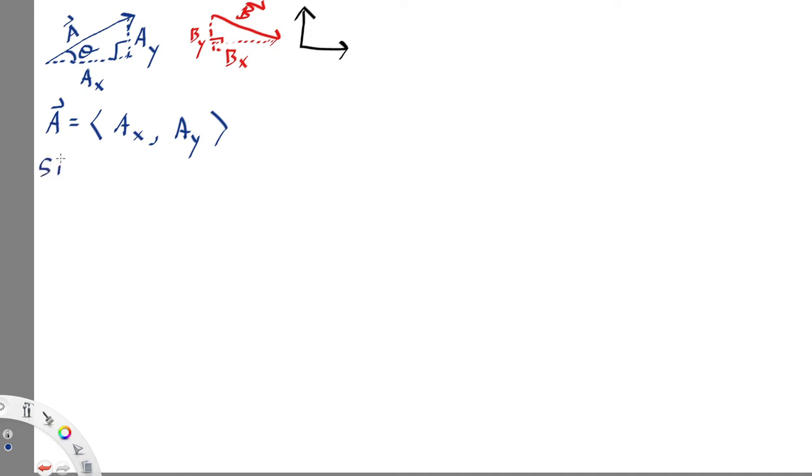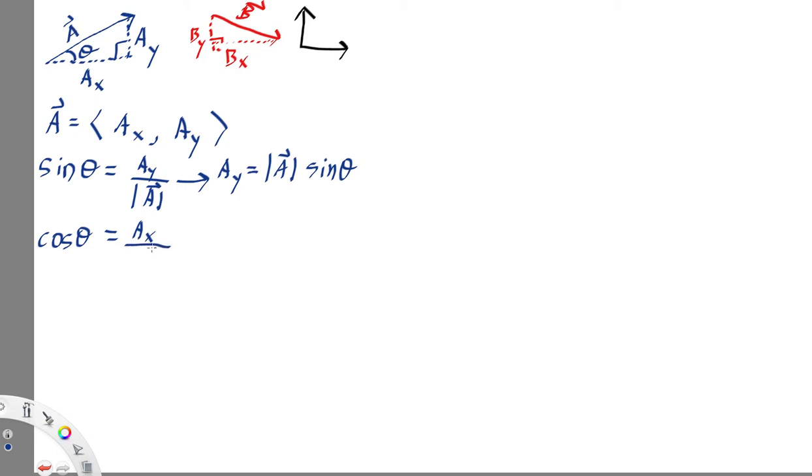The sine of the angle, as I've drawn it in blue, is going to be equal to the opposite, the y part of the triangle, divided by the hypotenuse, or the length of the vector. Note that we're going to be using these vertical lines to denote the length of the vector. Simply, we can say that AY is going to equal the length of the vector times sine theta. Similarly, we can draw a relationship between the cosine of the angle and the x part of the triangle.